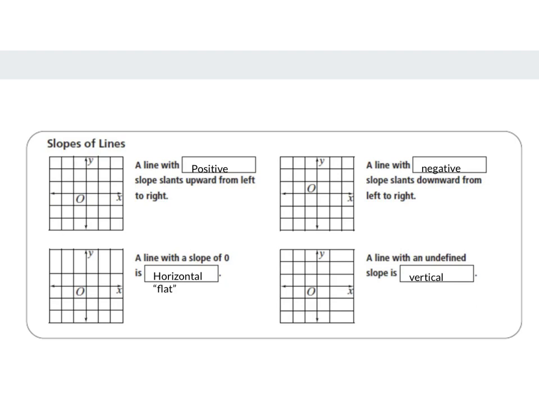If you have a vertical line, so a line that is going straight up and down, it fails the vertical line test, so it's not technically a function, and the slope is undefined. We don't call it no slope. We don't call it 0. It is undefined because we're dividing by 0. Once we get into the formula, you'll see that.